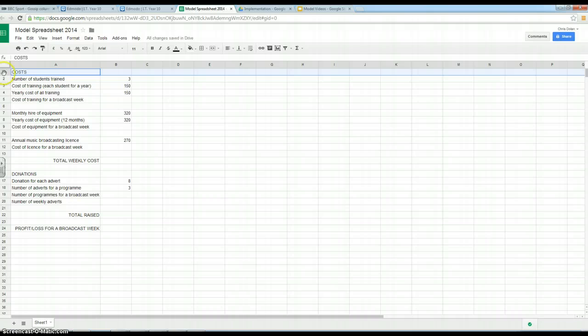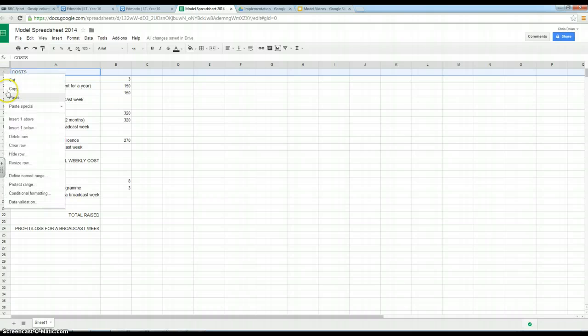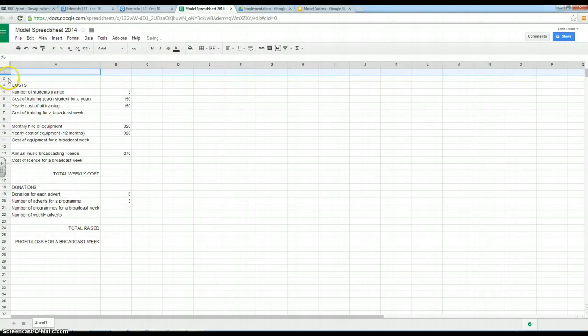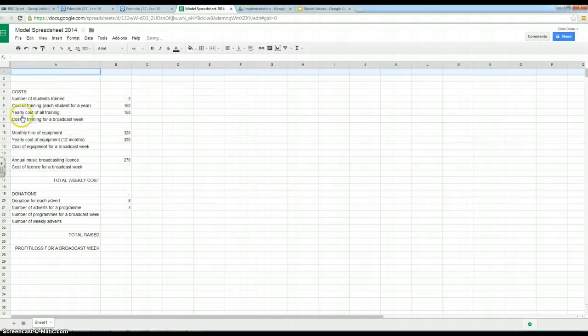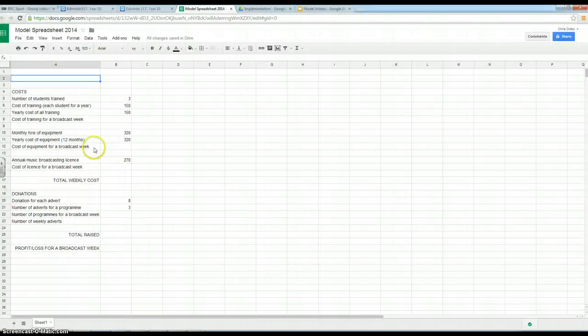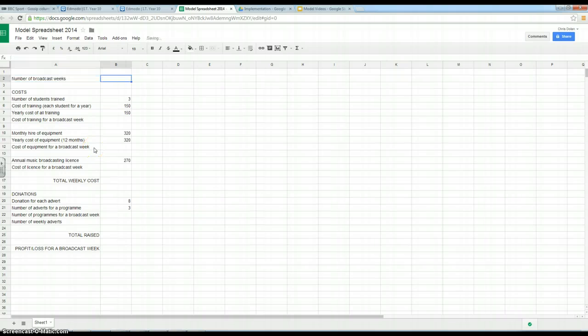So just here I'm going to right click and insert one above, insert another one above, and insert another one above, and just there I'm going to say number of broadcast weeks, and I'm going to set it at 25 at the moment.